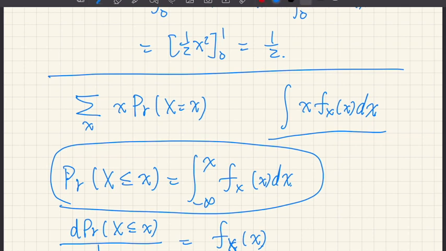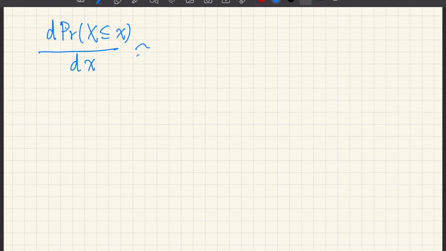But if you remember the definition of the derivative, this derivative is a limit of this difference.